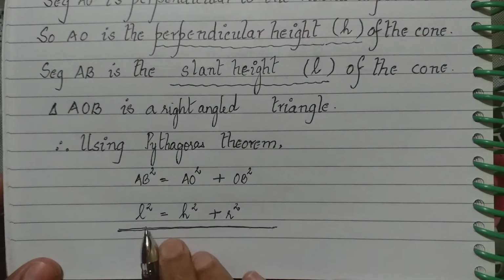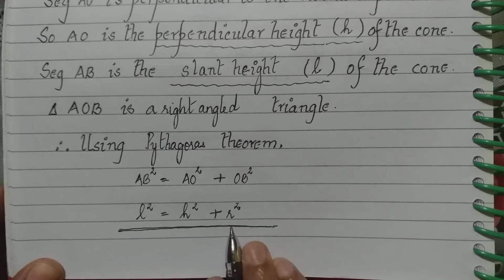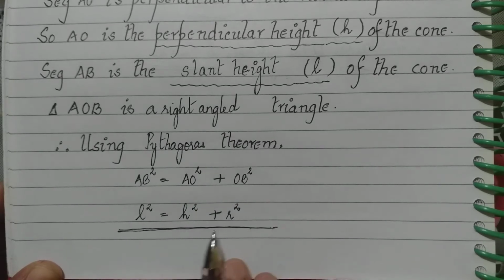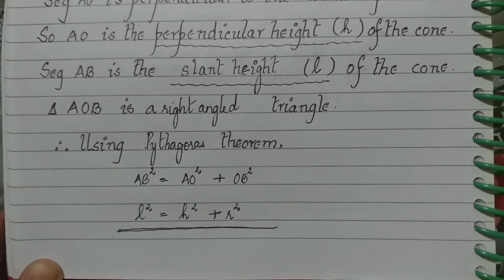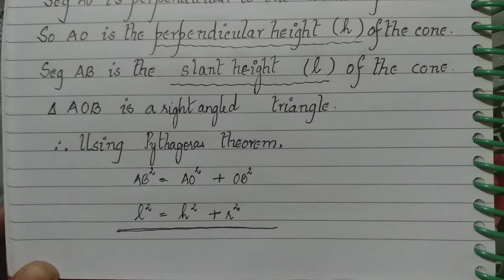So in this relation, L is the slant height, H is the perpendicular height, R is the radius of the base of the cone. This relation between the three is called the relation between the perpendicular height, slant height and the radius of the cone.